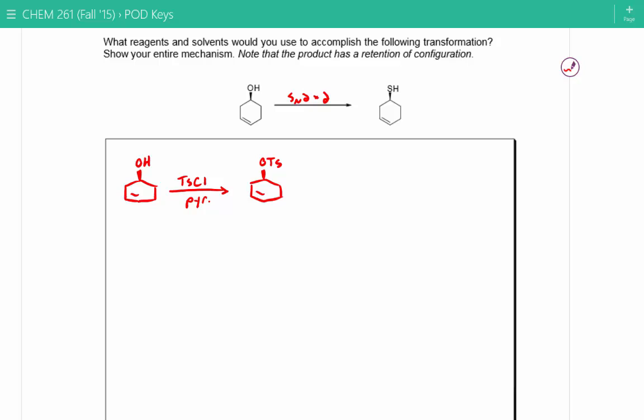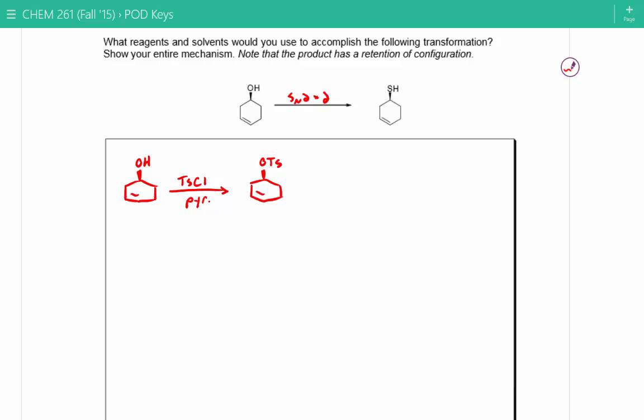And if you noticed, I didn't change the stereochemistry at all. Why is that? Yeah, we didn't do a substitution, right? That carbon where the stereocenter is was untouched during this whole reaction. Nothing happened there. All we did was change that alcohol into a much better leaving group.